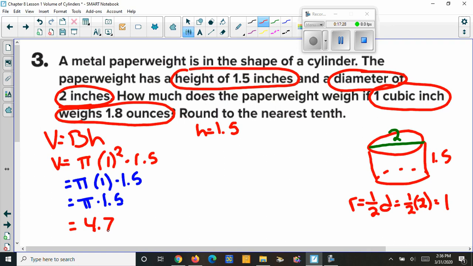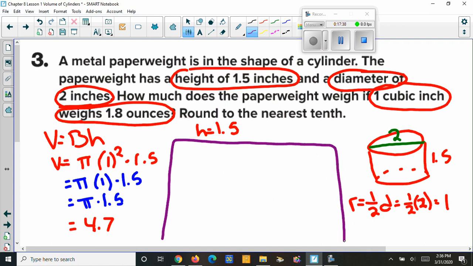But am I done? I am not complete with this problem. Remember, I want to take the volume and turn it into the weight. And we have a way of doing that.